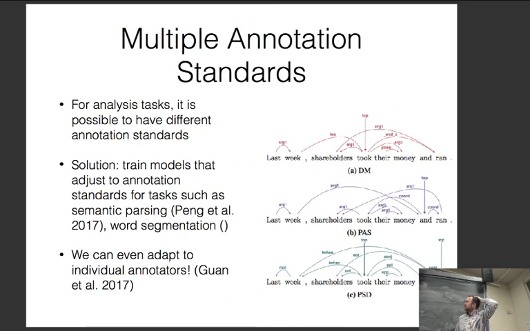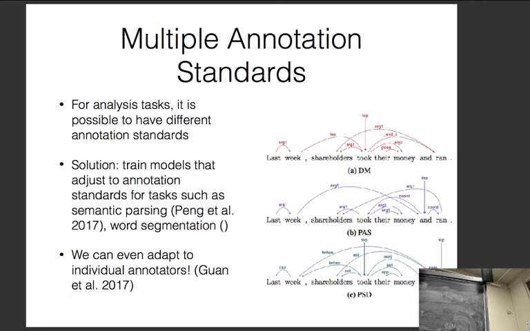So this is something that you might not normally think of for multitask learning, but basically it's the same task with a bunch of different disparate annotated data. So for example, for semantic parsing, there's basically 3 different common annotation standards for how to create meaning representations.